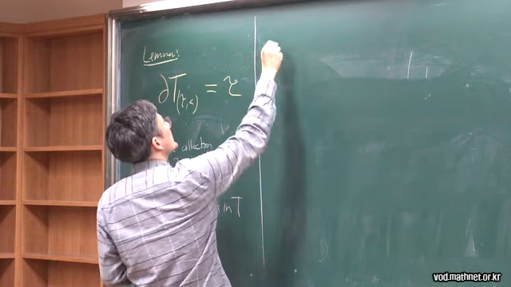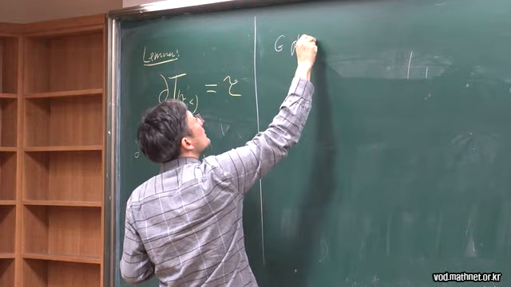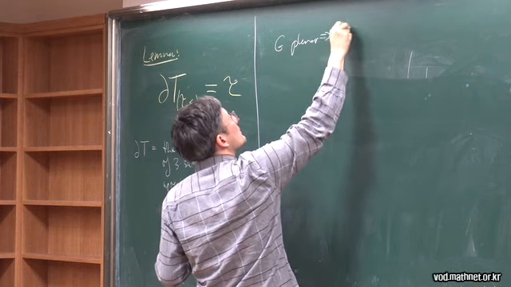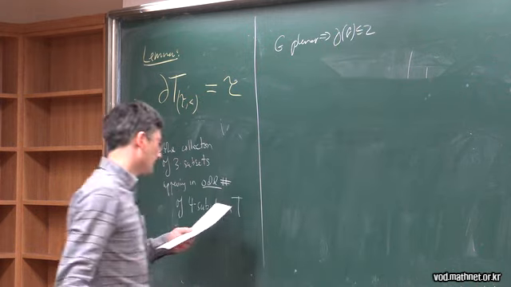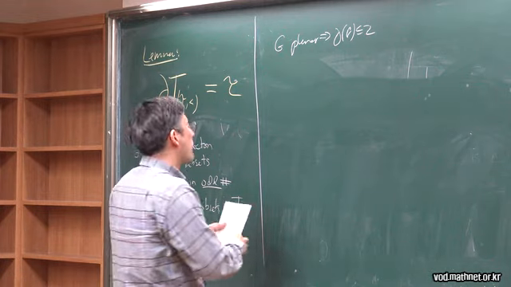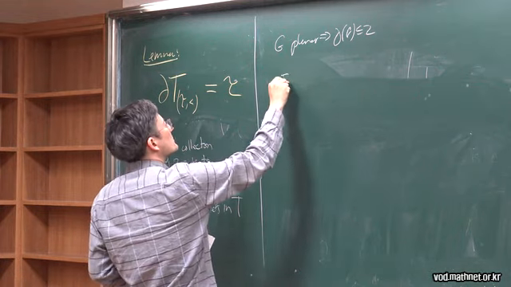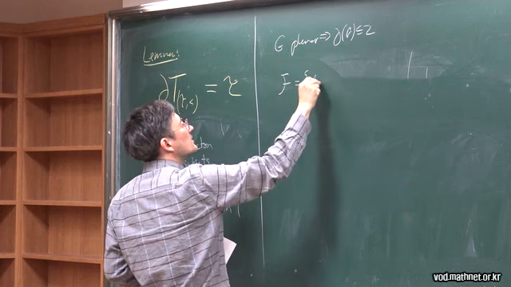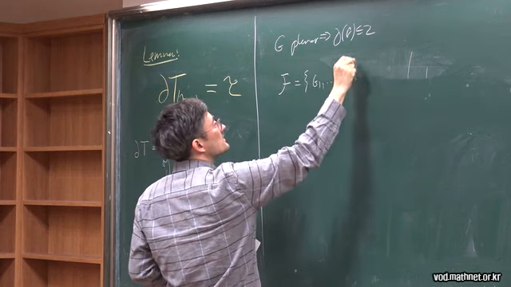So I want to prove that if G is planar, then gamma of G is at most 2. It'll just be a sketch. Okay, so suppose you have this family, G1 to Gn. This is a connected family.